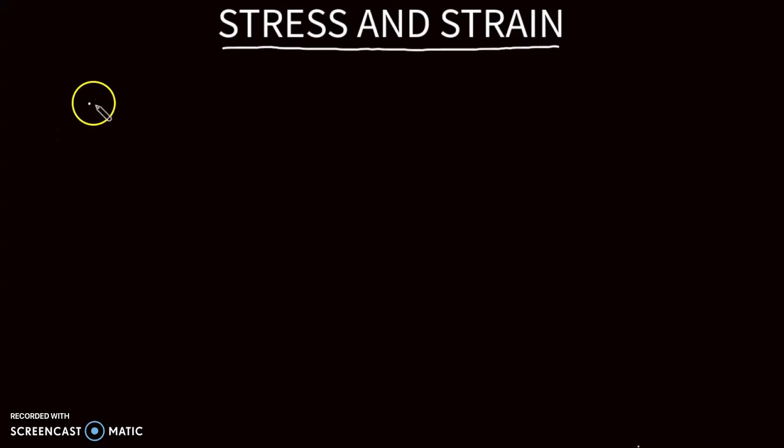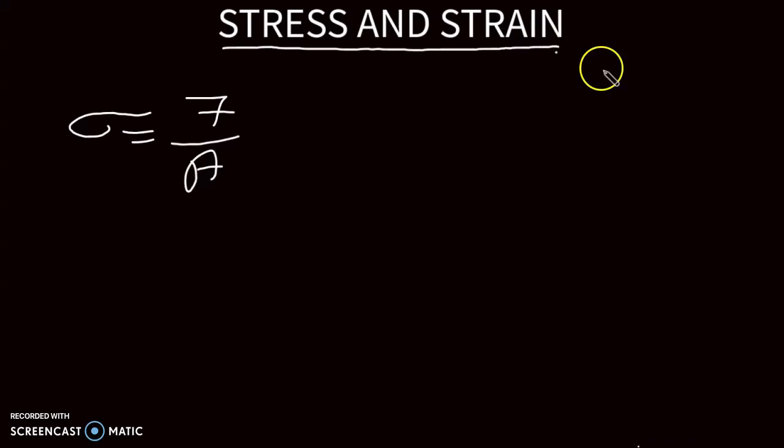So we're going to start with stress. We know stress is given by force divided by area. And stress is defined as the force that is applied on a cross-sectional area of an object.